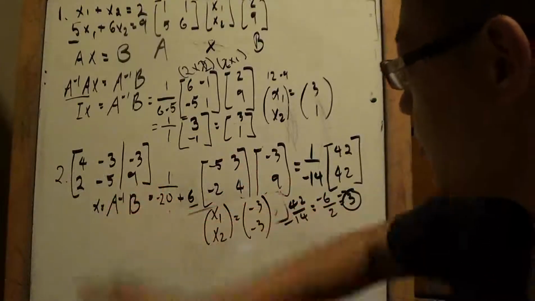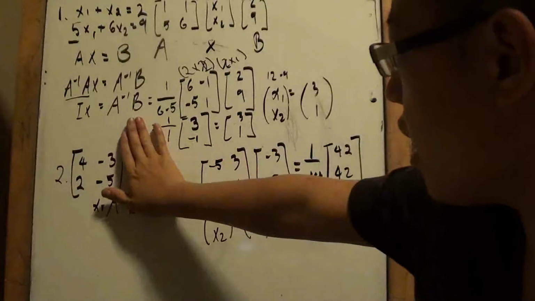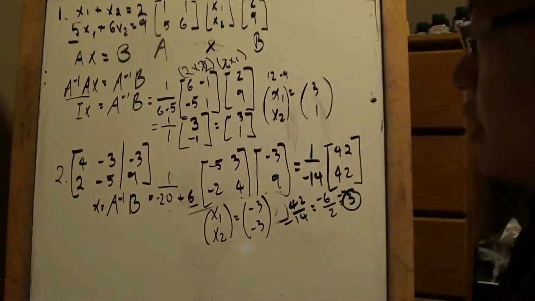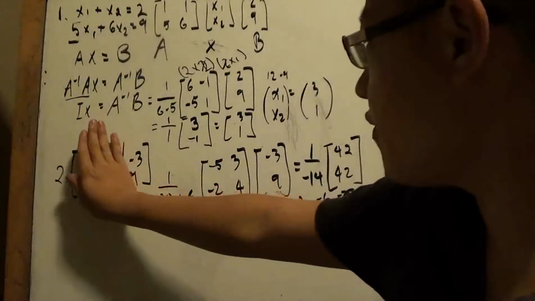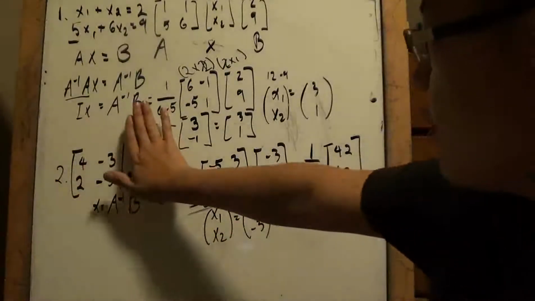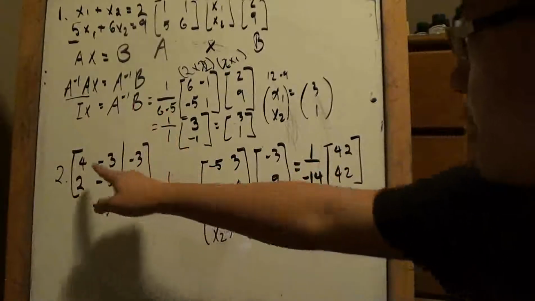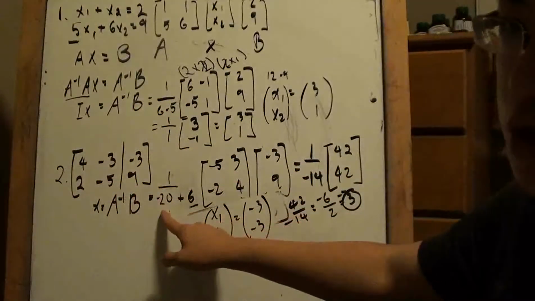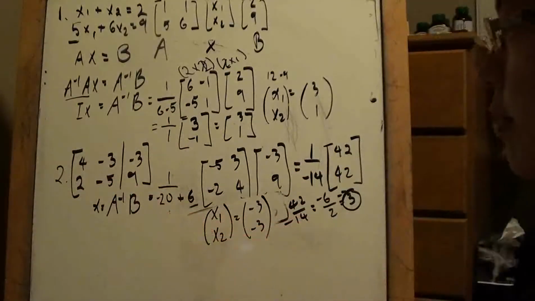So this is A, X is the set of solutions, and B is negative 3 and 9. I find the inverse of A, and we should be pretty familiar with this now, so I will stop being repetitive.